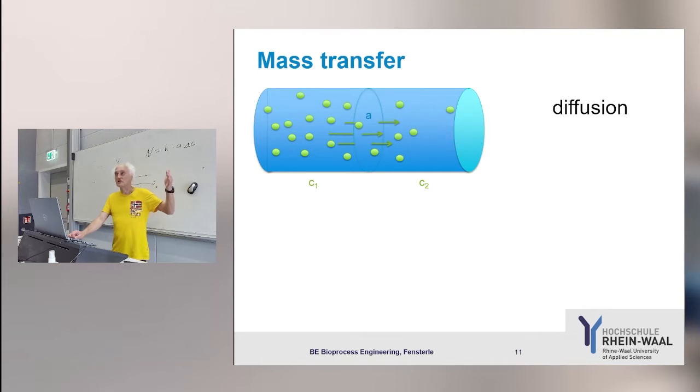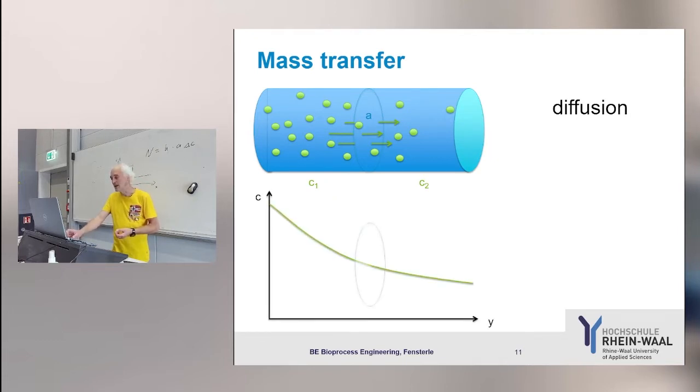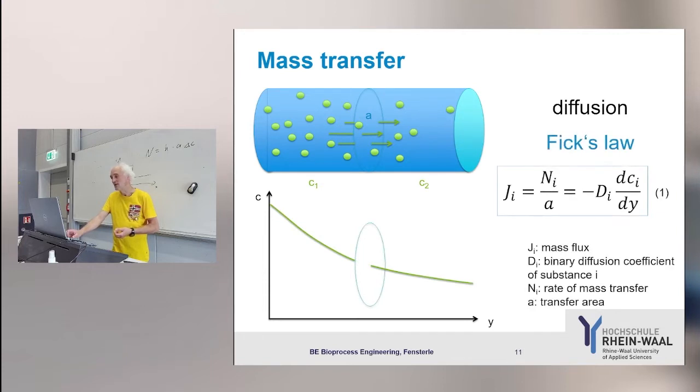The higher the concentration gradient, the higher the driving force, and of course there will also be a constant, and the area will be in this law. So at the end, the flux density is the gradient, dC/dy in this case, on the y-axis, times the diffusion coefficient, and this is Fick's law of diffusion, which you have certainly already talked about in thermodynamics, most likely?